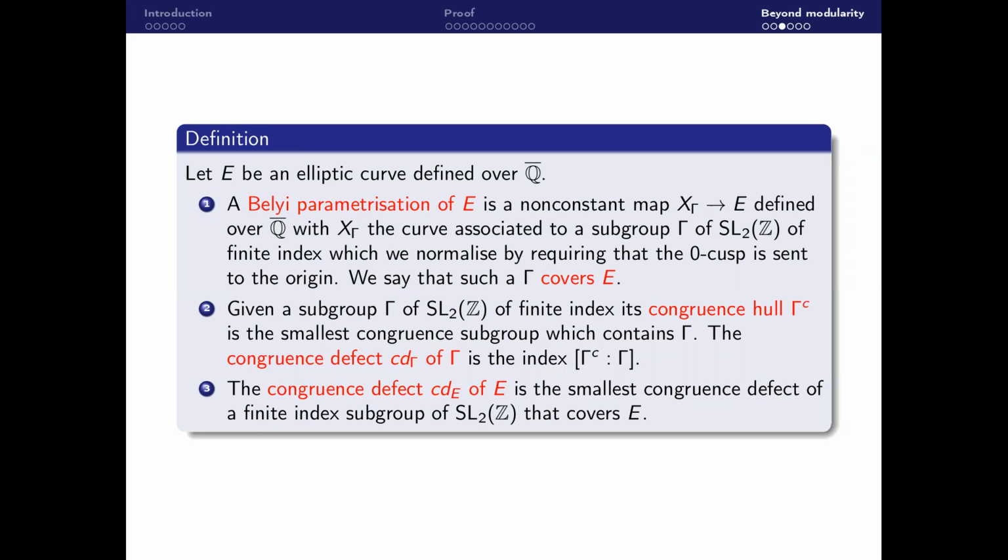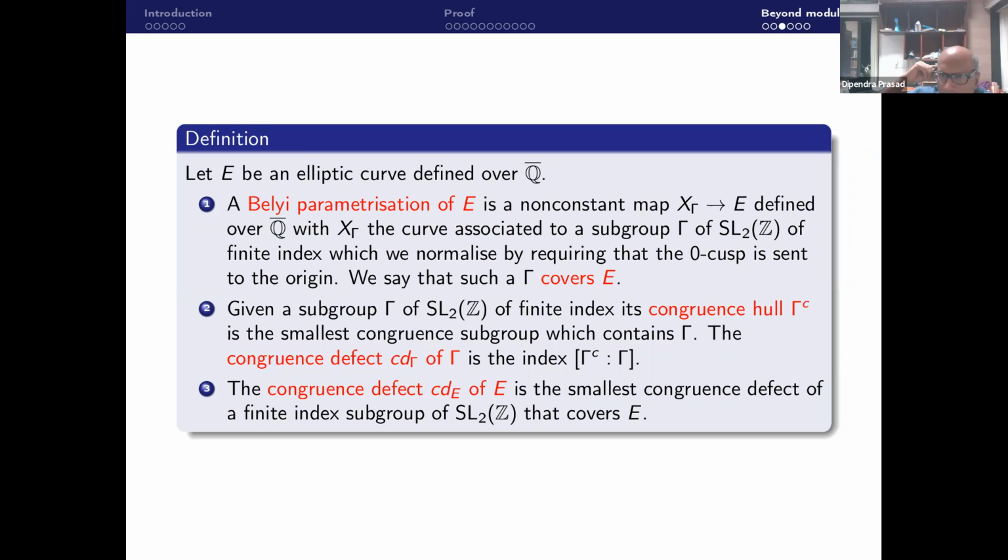Of course, it's an easy exercise to say that if you have an abelian variety defined over Q bar, I think it's a piece of a Jacobian of a Belyi curve.